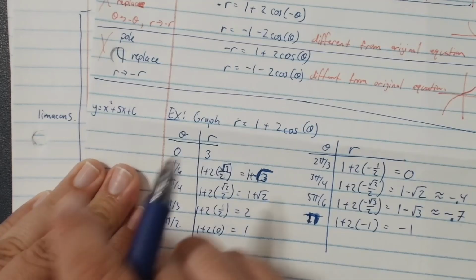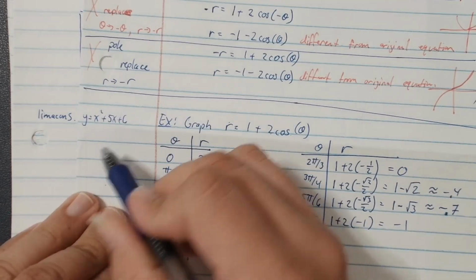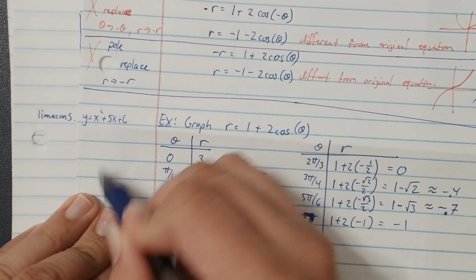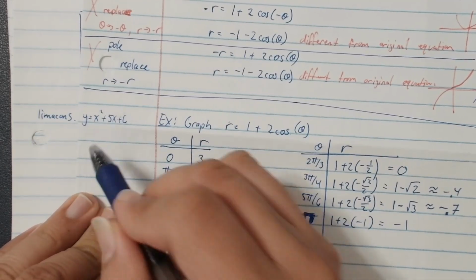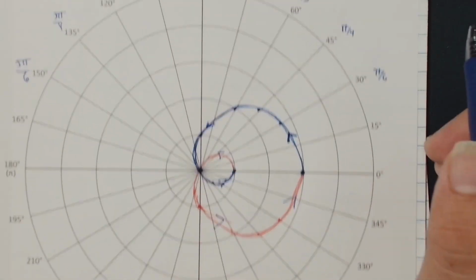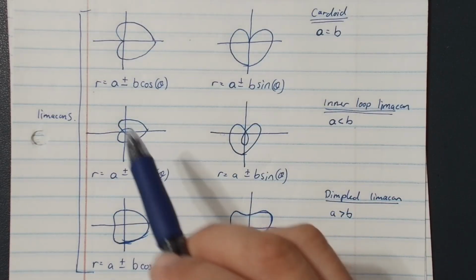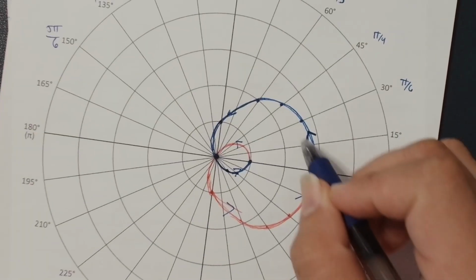And I'll know whether or not I'm right just by looking at the final graph I get. If I plot a bunch of points and I end up with something that looks like a J, that's probably not right. If I end up with something that looks like a V, that's probably not right either. I know what it's supposed to look like. With the graph that we made earlier, if we had created this knowing ahead of time that it was going to be some kind of heart shape, we probably wouldn't have needed quite so many points.